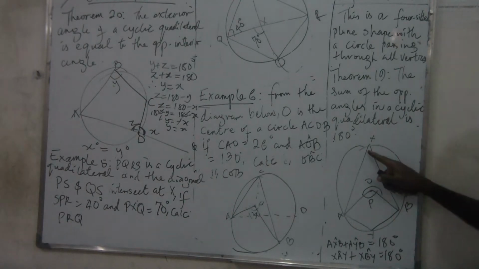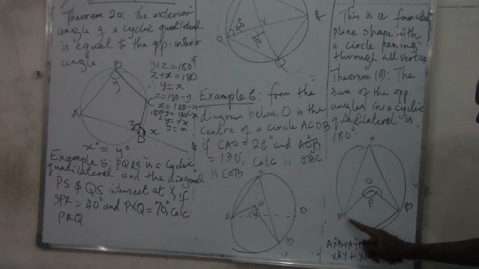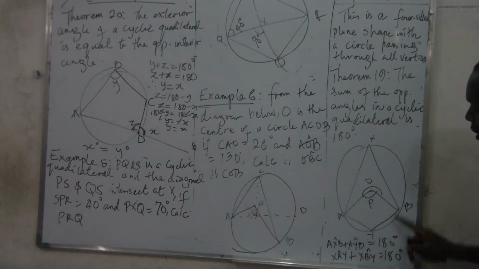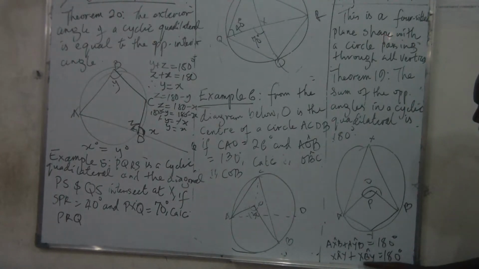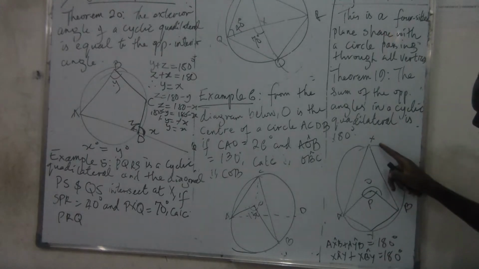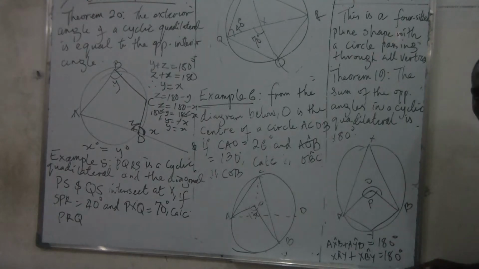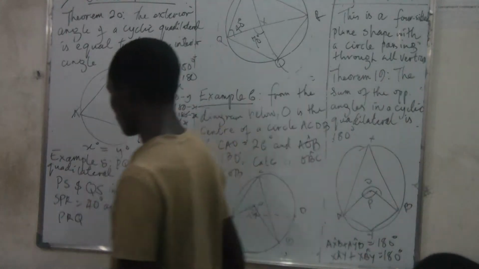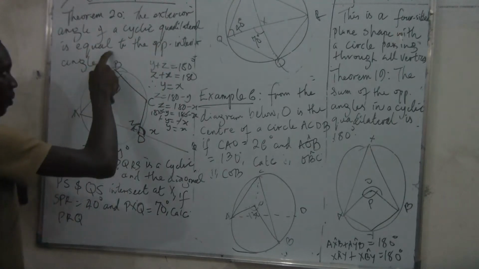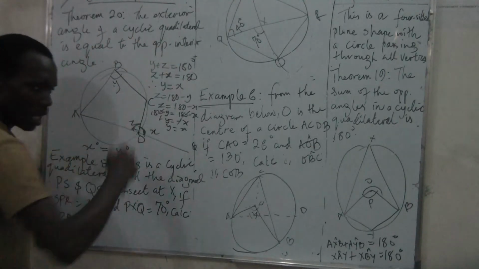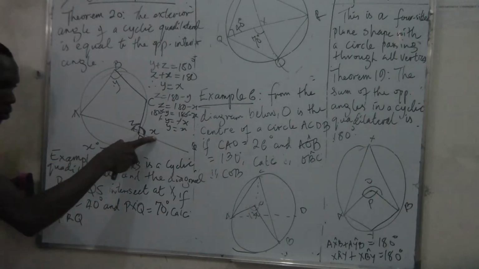So these two angles are opposite: angle AXB and angle AYB will sum up to give us 180, and angle XAY plus angle XBY will give us 180 degrees. Then theorem 20 says the exterior angle of a cyclic quadrilateral is equal to the opposite interior angle.